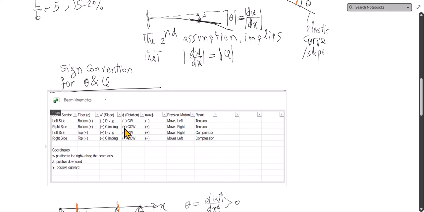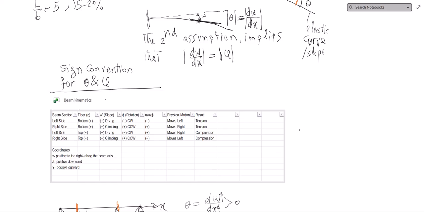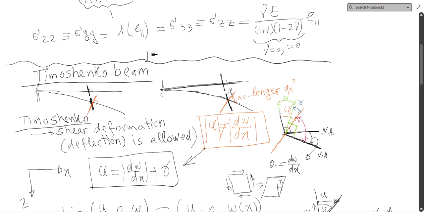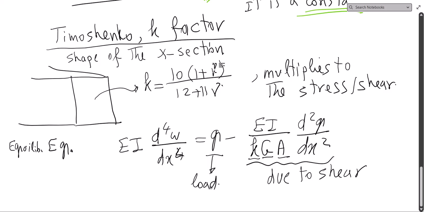It depends on which side of the beam you are, and then the phi sign is here, and then you can take it from there, and the slope, which is dw here. So here, when I say w prime, I mean dw/dx. Okay, so that should do the job for Timoshenko, I hope.